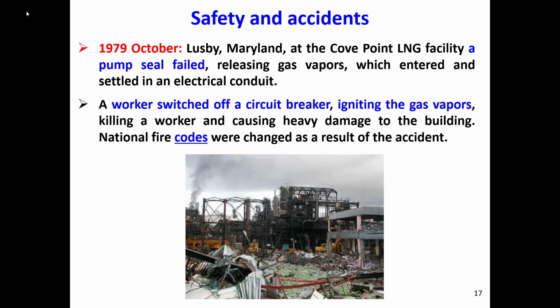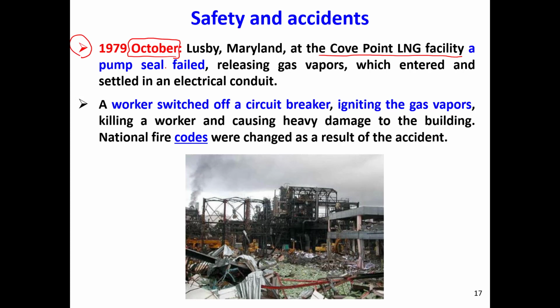Another case was in October 1975. October is apparently not a good month for LNG processing anyway. So in October 1979, another accident happened in Maryland, in the U.S., at the Cove Point LNG facility.